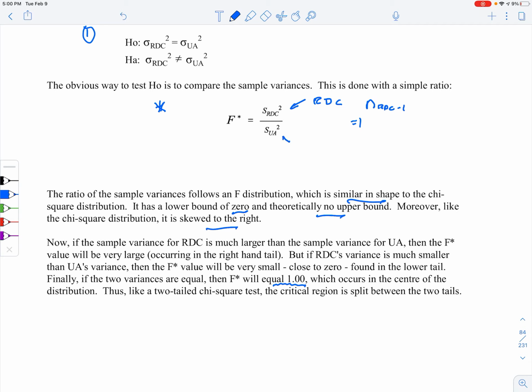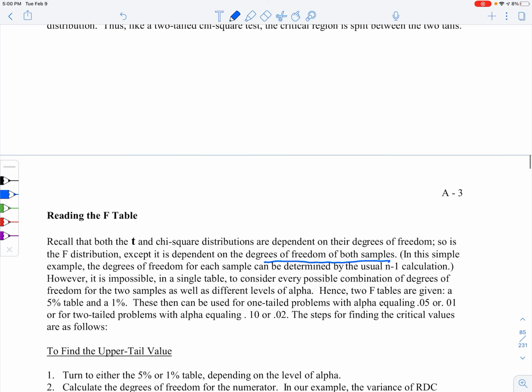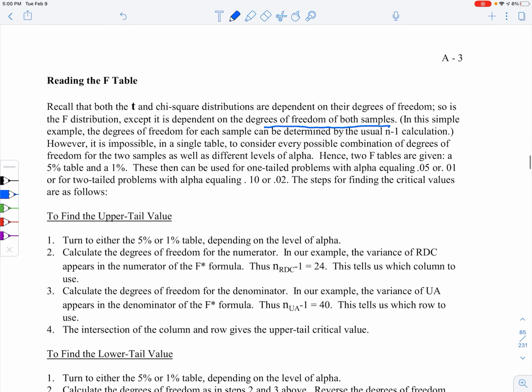And then U of A is in the denominator, and so its degrees of freedom will be the n for U of A minus 1. So there's actually two sets of degrees of freedom, whereas when we were dealing with t distributions and chi-square distributions earlier, we only had one set of degrees of freedom.